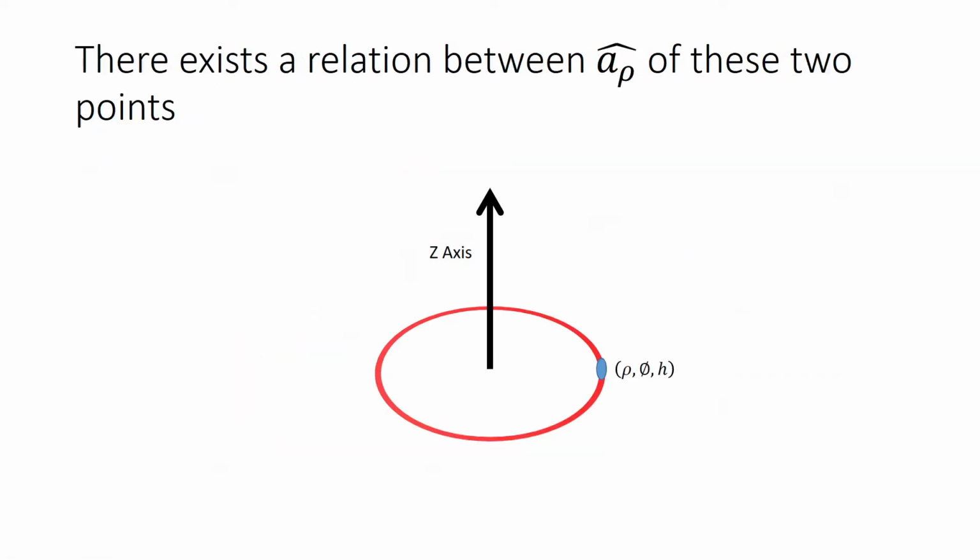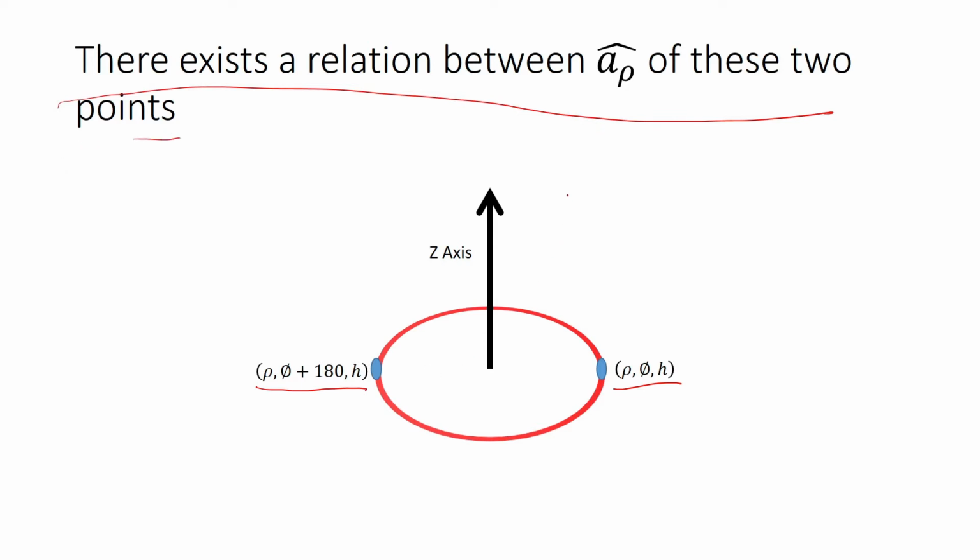Here, even if it is not in the h equals 0 plane, my analysis would still be the same. See, rho comma phi comma h is 1 point, rho comma phi plus 180 comma h is another point. If those are the points we consider, then there exists a relation between the a rho caps.